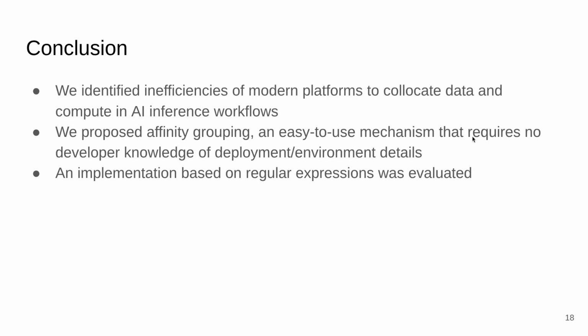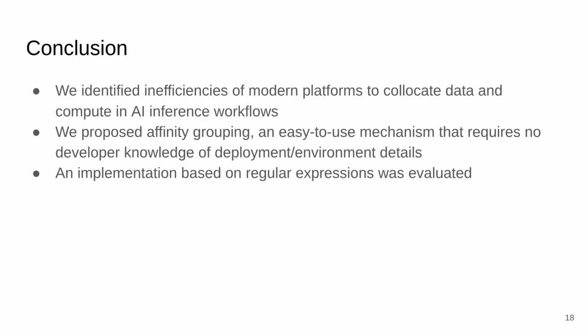To conclude, we identified some inefficiencies in modern platforms to collocate data and compute, and then we proposed this mechanism that encodes developer knowledge and allows the platform to collocate data and compute.